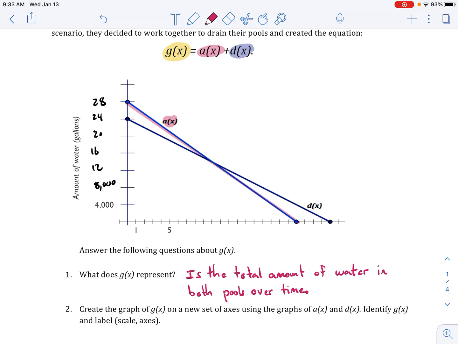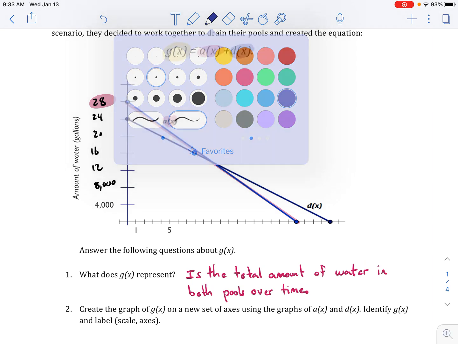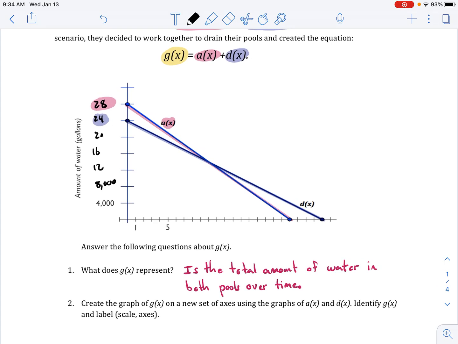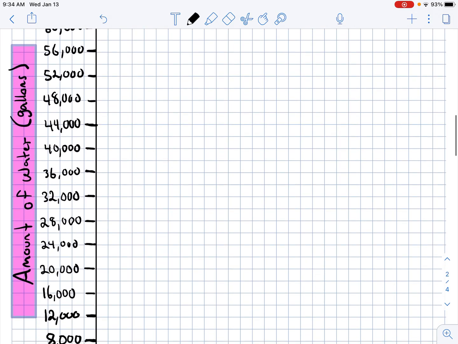So Allie's pool has 28,000 gallons, and Dane's pool has 24,000. So if I add those together, that's how much it starts with when they are draining both pools. So 28,000 plus 24,000 is 52,000.